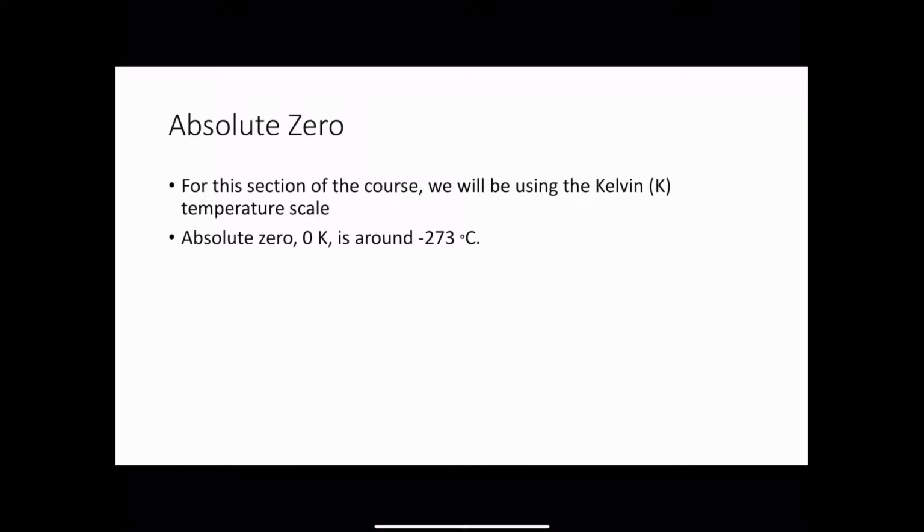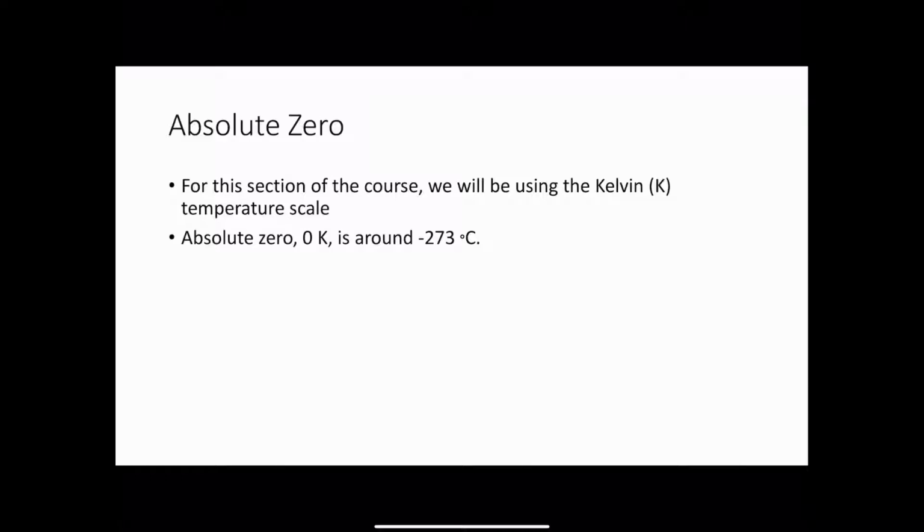So, what we need to think about first is that we are now going to be using the Kelvin scale for temperature. Now, the Kelvin scale is basically something that will deal with absolute zero. In other words, 0 Kelvin.